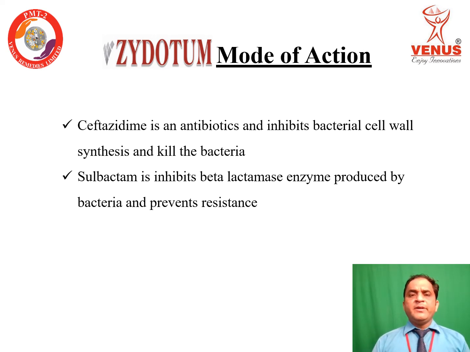And sulbactam in Jadotam is a beta-lactamase enzyme inhibitor, meaning it will inhibit the beta-lactamase enzyme which is produced by the bacteria, and by inhibiting this enzyme it prevents resistance.